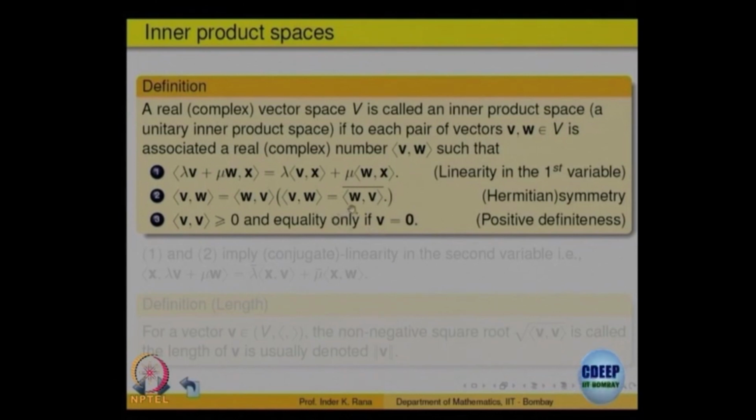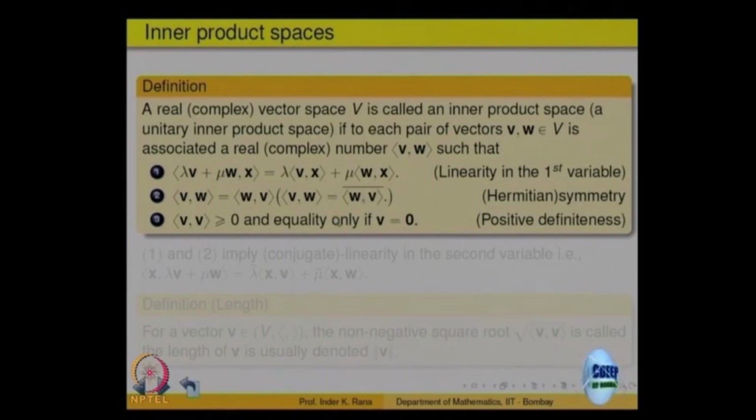Now, we said it is linear in the first variable. What about the second variable? Because of the second property, if you have a scalar multiple coming out of the second variable, it will be equal to lambda bar times the inner product. So, that lambda in the first variable will come out as lambda bar.